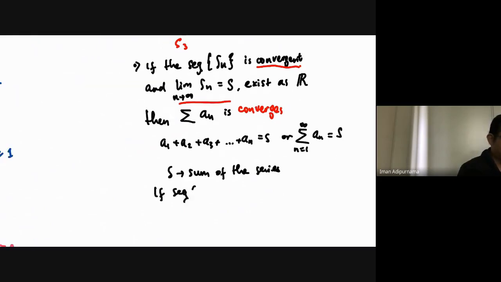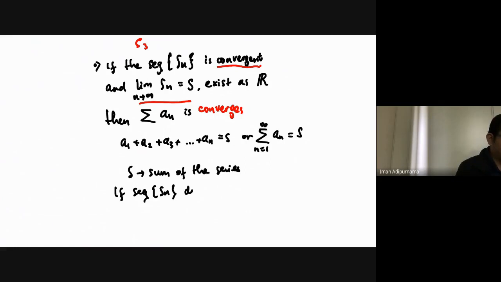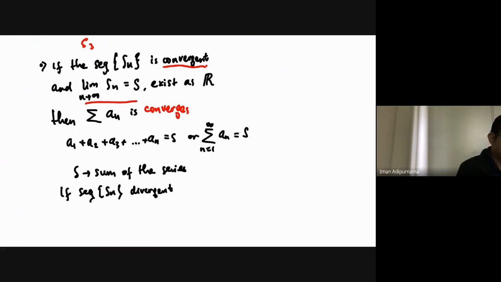If the sequence of partial sums diverges, then the series is divergent. Okay.